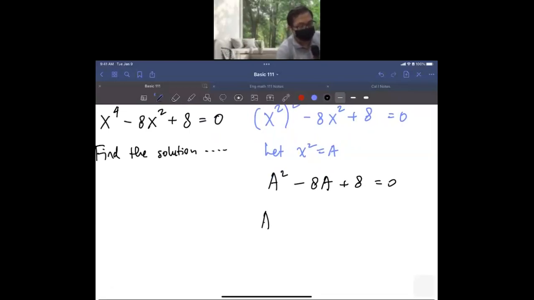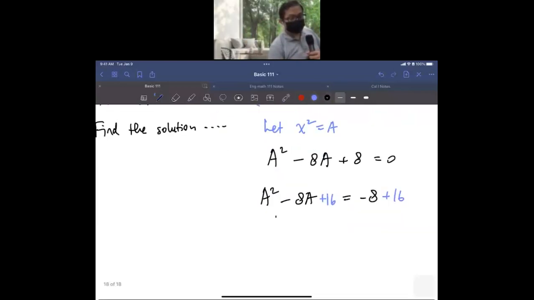But let me just complete the square. A squared minus 8a is negative 8. So we need to add, divided by 2 is 4. 4 squared is 16. So we are going to have a minus 4 squared.